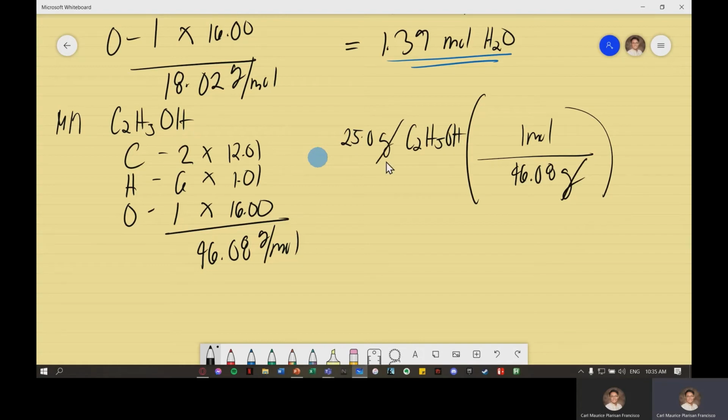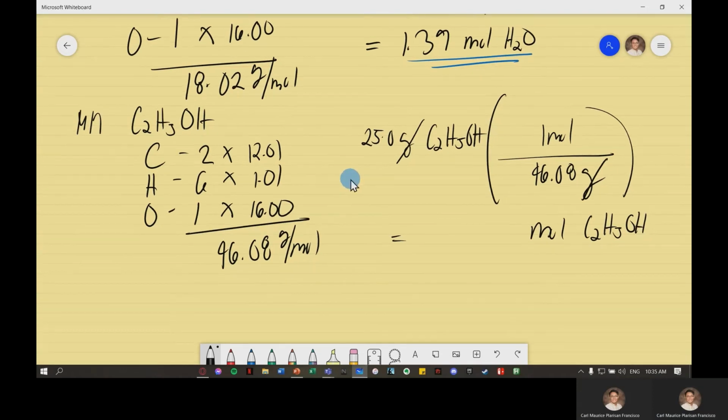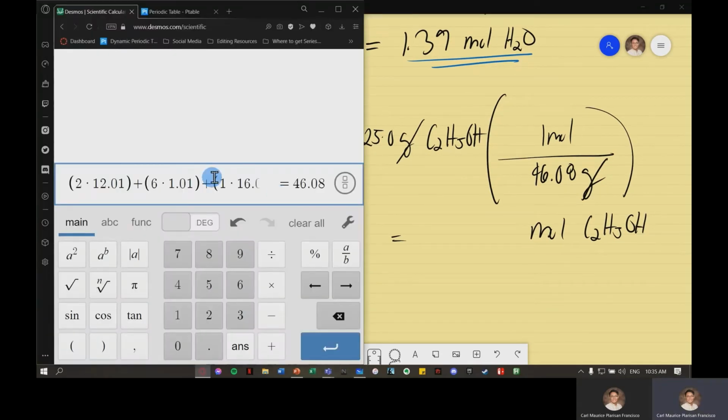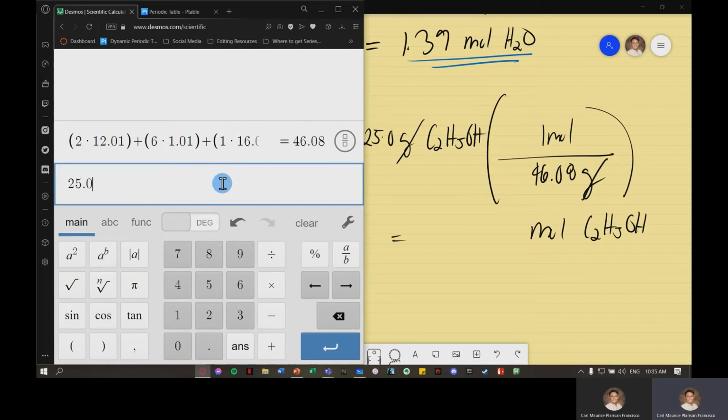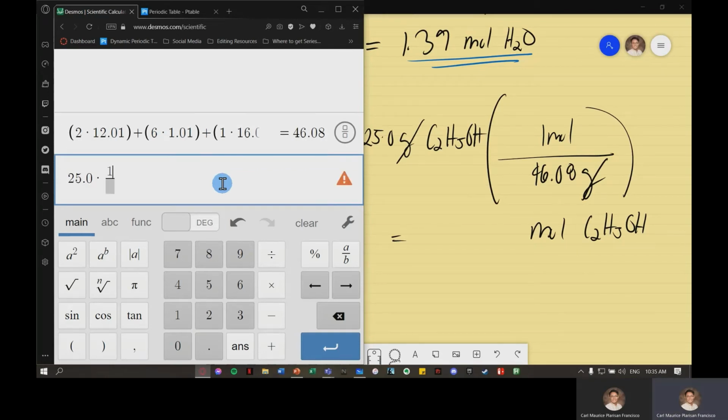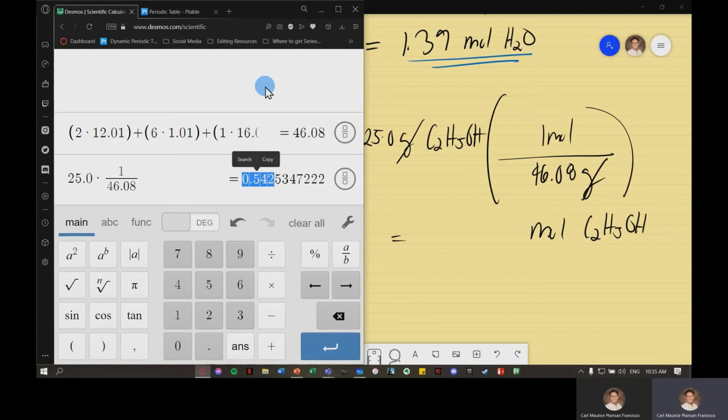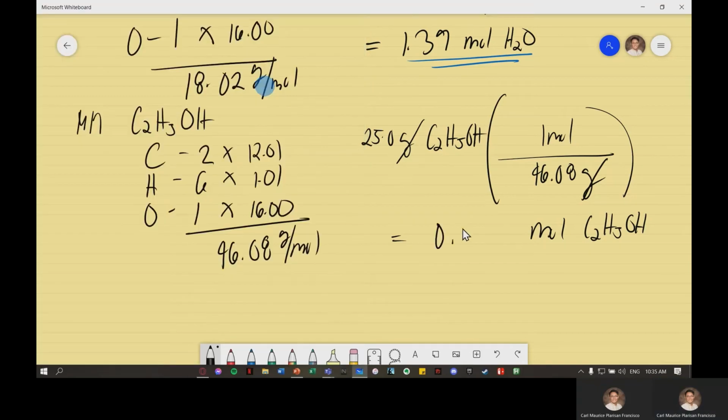Grams is cancelled. I shall have unit mole for ethanol. Input this in the calculator. 25.0 times 1 all over 46.08. Round off according to 3 sig figs, according to 25.0: 0.543. I now have appropriate unit.